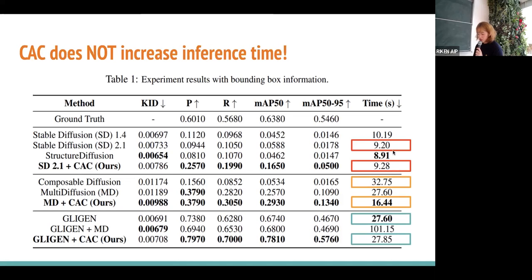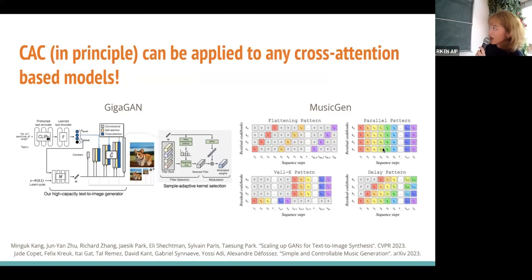Compared to the baselines, we either decreased the inference time or we don't change it that much. And just like I mentioned, it can be applied to anything, not only diffusion models, but GANs or autoregressive transformer-based models. Very nice.